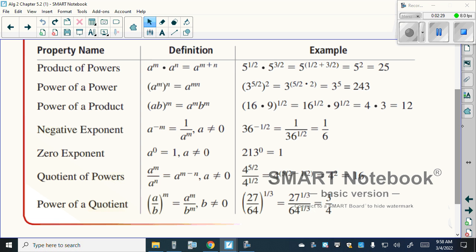And normally everyone's favorite is the zero exponent property. Anything to the zero exponent is 1. Anything to the 0 power is 1, besides 0.